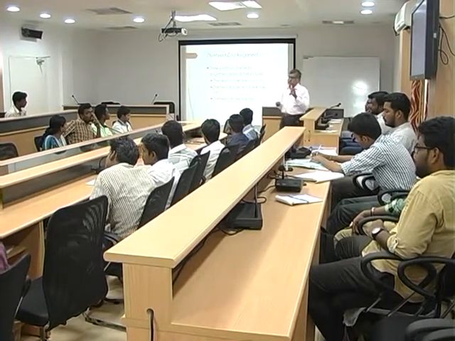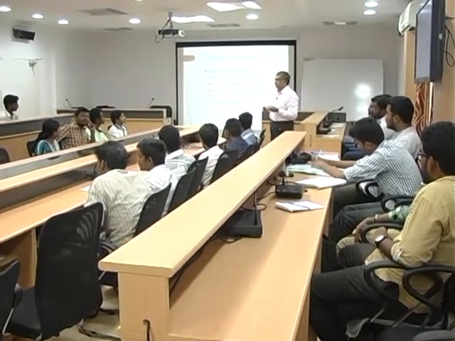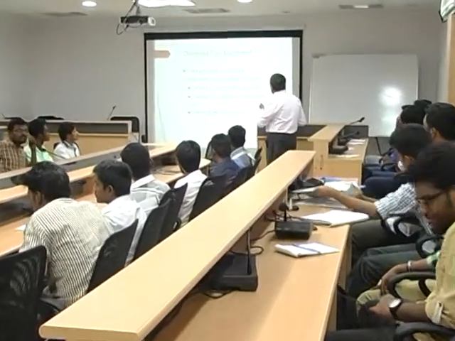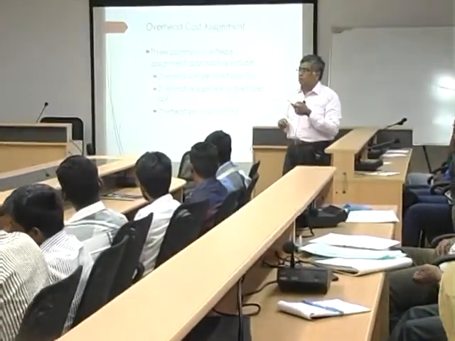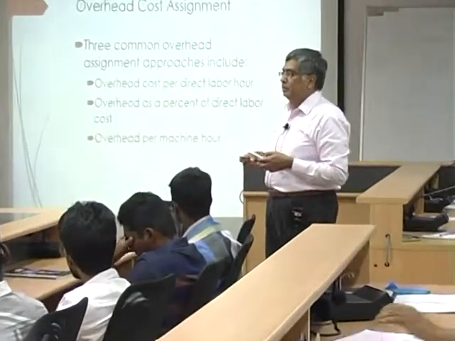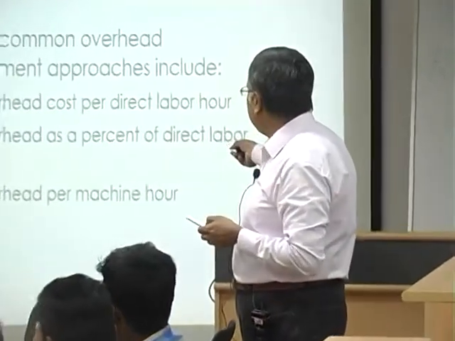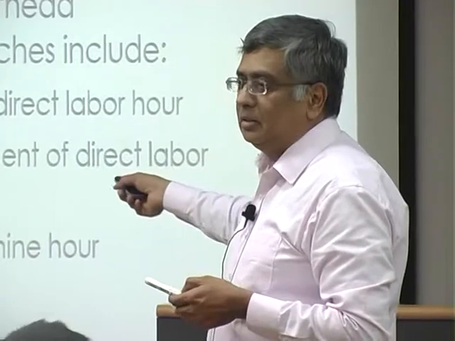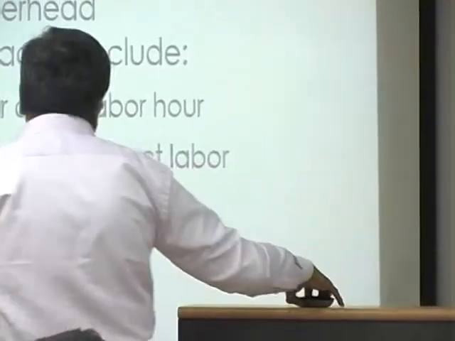Traditionally, the way you absorbed overhead was you took the overhead cost as a proportion of direct labor. Okay? The first one is labor hours. The second one is direct labor cost. And the third one is machine hour.